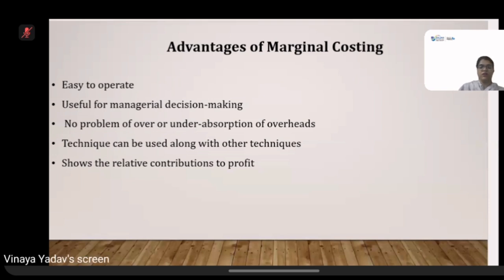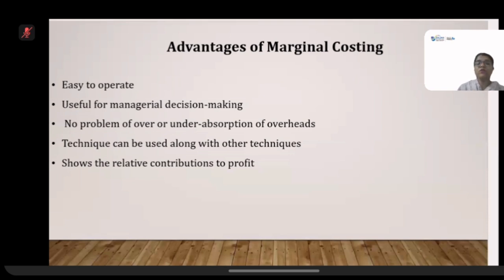Okay. See, advantages of marginal costing, students: it is easy to understand, because here we are only considering variable cost. You are not differentiating between the fixed cost. So the advantage is that you only use variable cost for calculation. Because of that, you can easily make decisions like pricing decisions. You can also decide whether you have to produce that product within the company or buy it from other vendors.